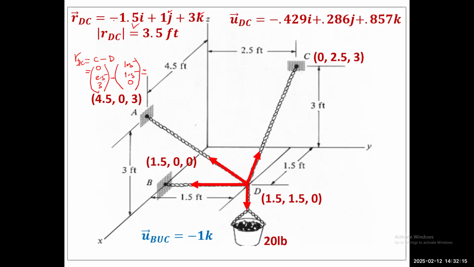So for your position vector, you get minus 1.5i plus 1j plus 3k. The modulus of that is 3.5. So you take all the quantities squared, and you take the root. Similarly, you take the 3.5 and divide each quantity in the position vector, and you'll get this unit vector over here. All right, so that is how you do it.